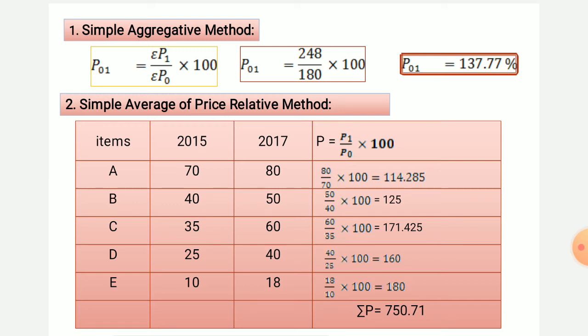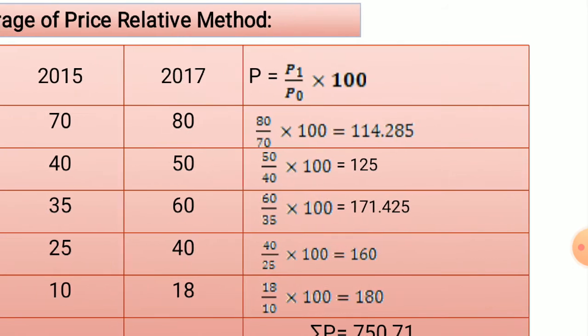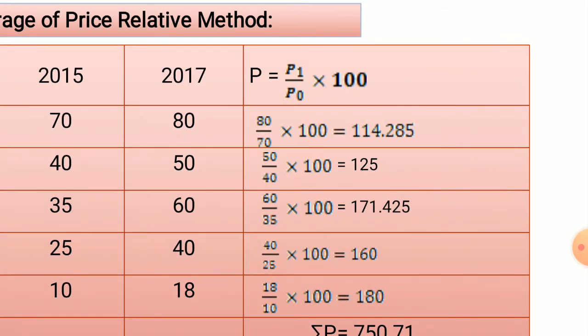So P1 80 by 70 into 100 is equal to 114.285. 50 by 40 into 100 is equal to 125. 60 by 35 into 100 is equal to 171.425. 40 by 25 into 100 equals 160, and then 18 by 10 into 100 equals 180.